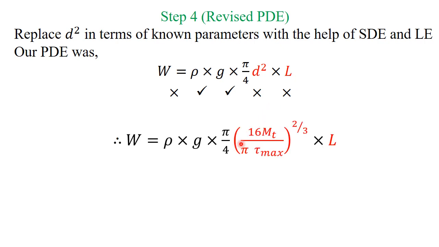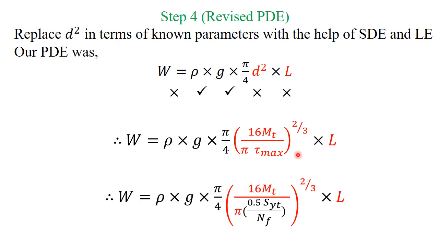Therefore, we replace d square by this term which we have just seen in the previous slide: d square is equal to 16 mt upon pi tau max raised to power 2 by 3 into L. And tau max again is replaced as 0.5 SYT by factor of safety. So the whole equation becomes this way.